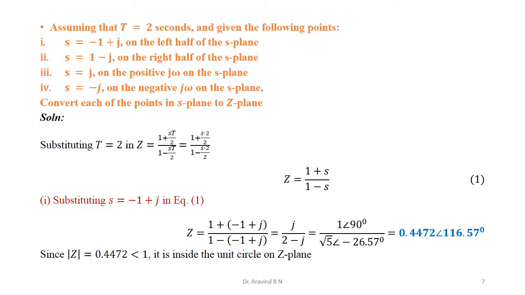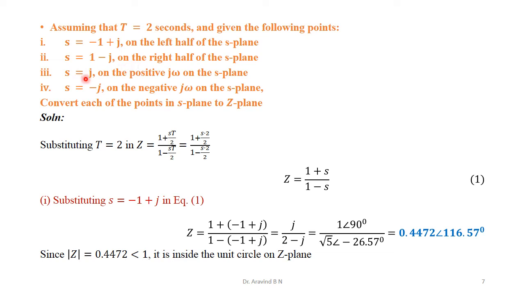Now getting into the problem solution. The problem statement: assuming that T is equal to 2 seconds and given the following points. So 4 different problems are there. First, s is equal to minus 1 plus j on the left half of the s plane. Second, s is equal to 1 minus j on the right half of the s plane.